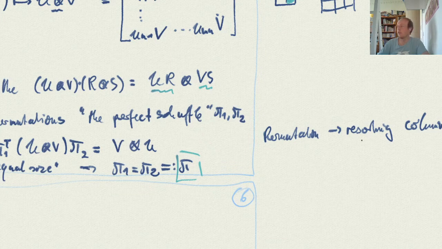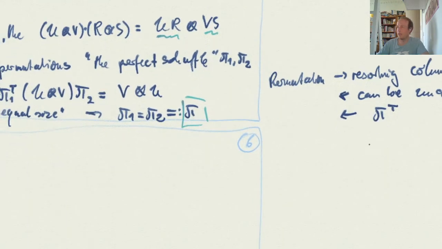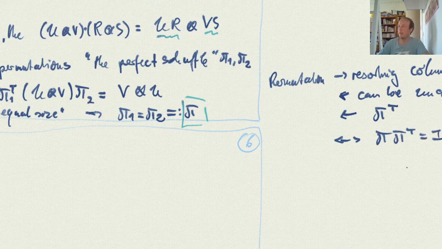And of course, such a resorting can always be undone, in particular by the transpose. So the Pi transpose does the undoing, and all this means that Pi times Pi transpose is the identity. In particular, this means that Pi is invertible.